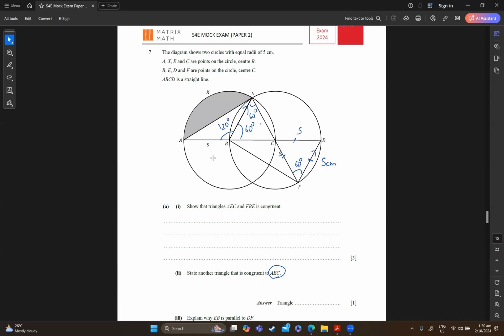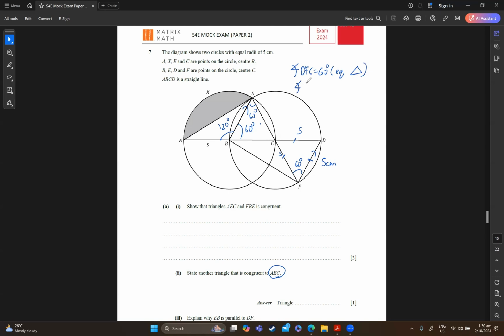So how to write your working? You just point out that angle DFC equals to 60 degrees, then put equilateral triangle.